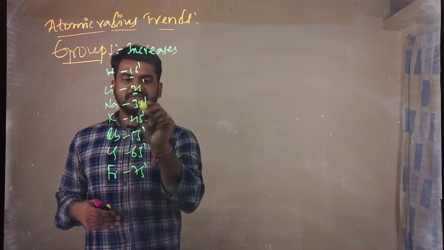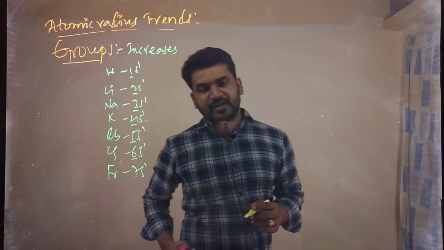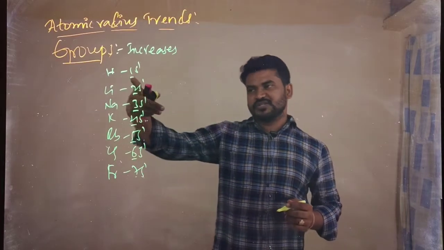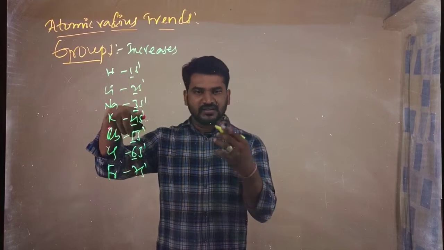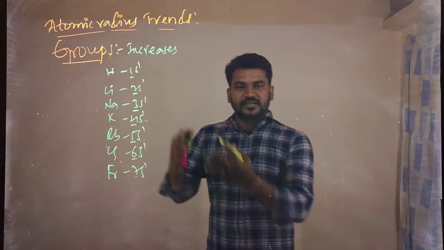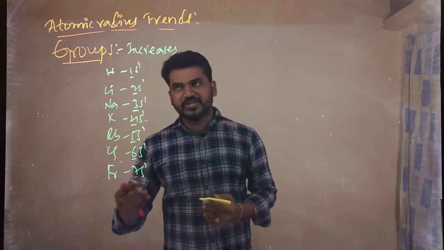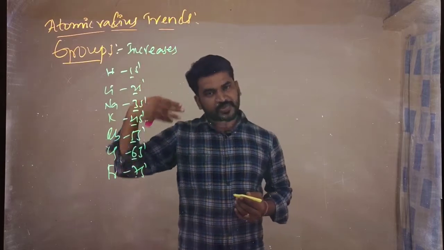You see that the number of shells is increasing, so the size automatically increases. Only one shell, small size; number of shells increases to 2, size increases; 3, size increases; 4, 5, 6. As long as the shells increase, the size of the atom also increases. So by this we can say in a group atomic radius increases from top to bottom.